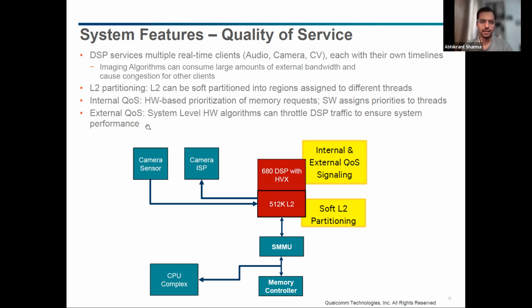In that case, there are some system level hardware algorithms which can either increase or decrease the clock frequency of the hardware so that the incoming data to the DSP via the data bus can ensure that performance is not affected, but at the same time the heat is appropriately distributed among the hardware so that the phone does not get heated up.